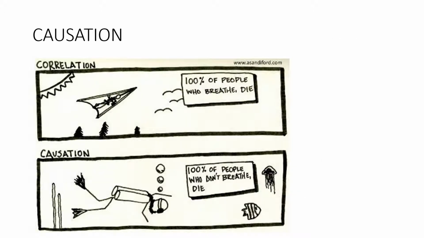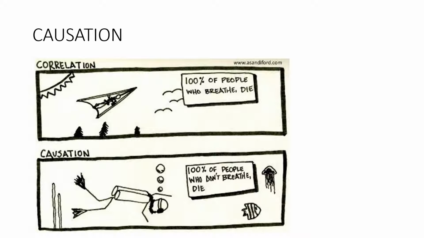Here's another one. So the top comic says correlation, 100% of people who breathe die. And the bottom one, which says causation, says 100% of people who don't breathe die. Can you see the difference between the two? In the top one, just because you're breathing doesn't mean you will die.